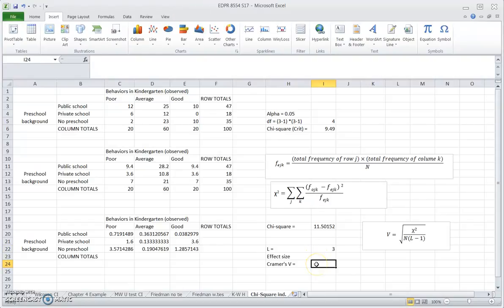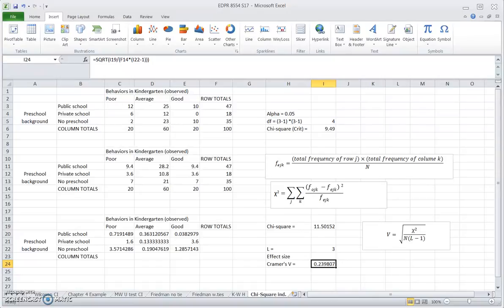Then Cramer's V equals the square root, and under the square root we have the chi-square divided by 100 times L minus 1. Finishing our calculation, we have a Cramer's V of 0.24.